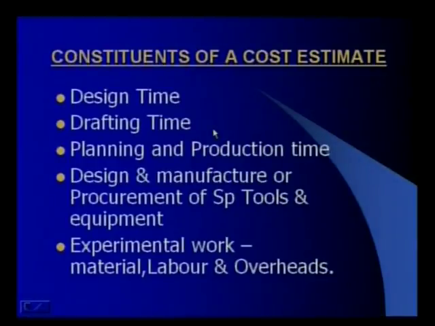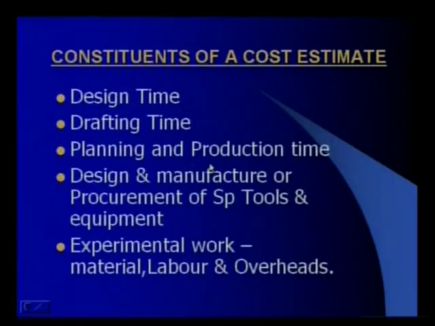Then we will see the drafting time. Drafting time is the time taken by the draftsman in preparing part drawings of several parts, sub-assemblies and assemblies which are required by various shops. The time required for putting those together is the drafting time.